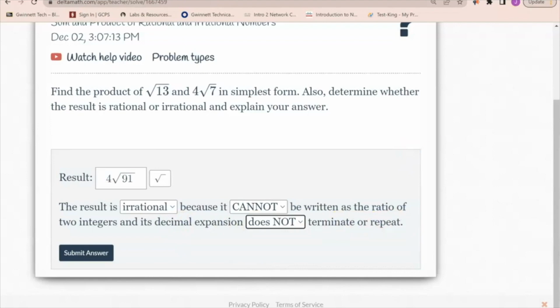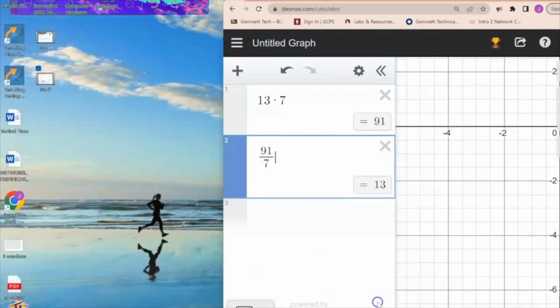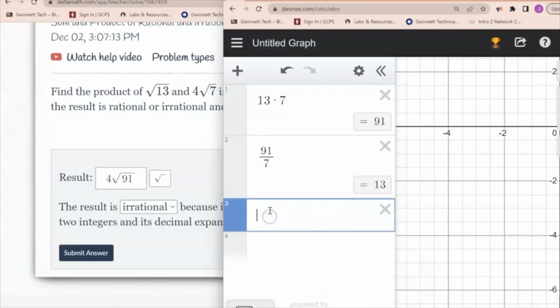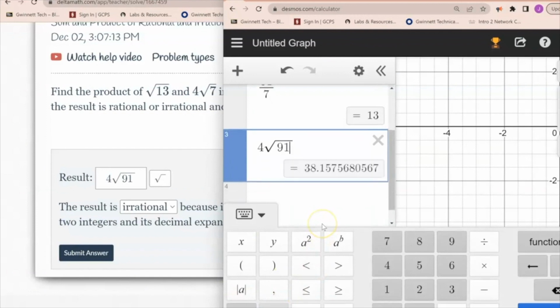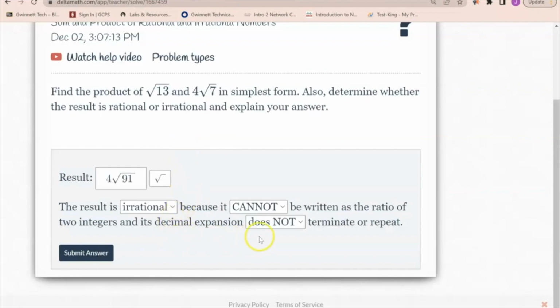And I'll just prove that to you really quickly using the calculator. So it was 4 radical 91. See, it doesn't repeat and it goes on forever. If you can't simplify the radical, then it is irrational. If you can simplify the radical, then it's rational.